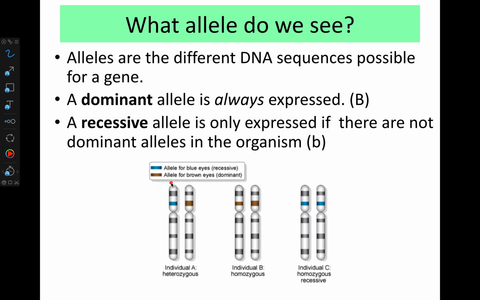Whereas in this example, we have mom gave blue eyes and dad gave brown eyes. But we're still going to have brown eyes in the child because brown is dominant, right? Which means it's always expressed. The only chance of you getting blue eyes is if both of your parents have blue eyes, right? Because then there is no brown allele and the only option is recessive or blue eyes.